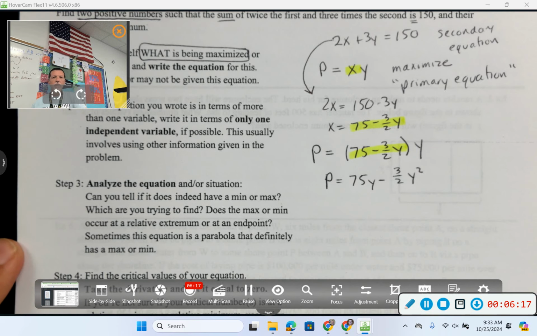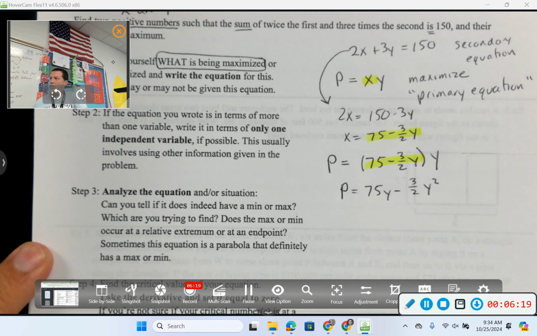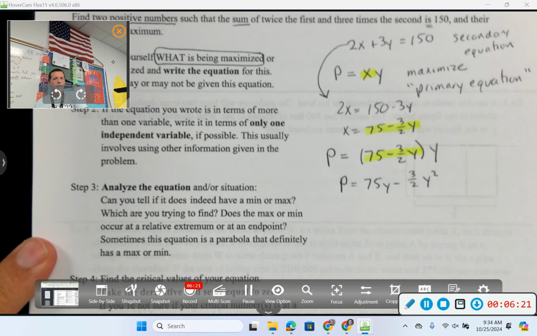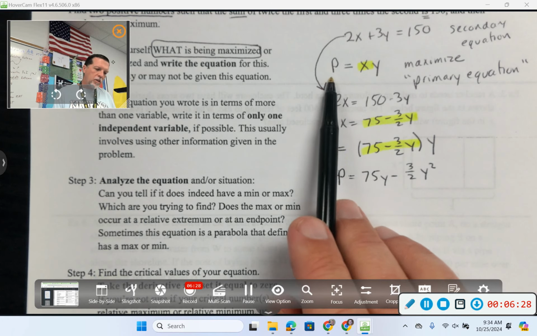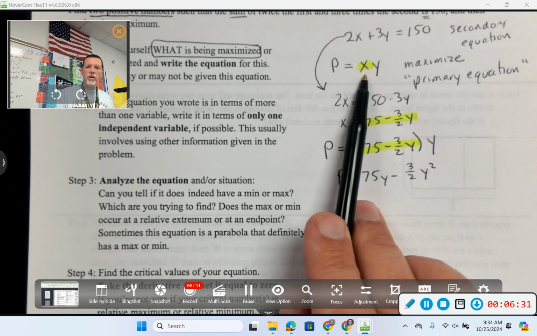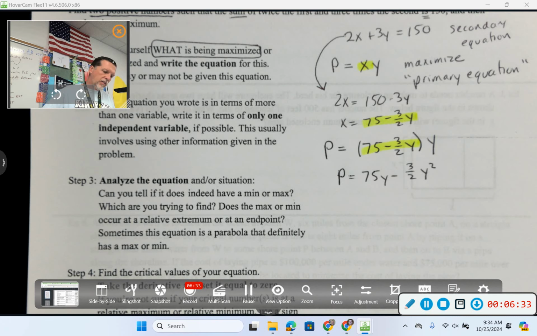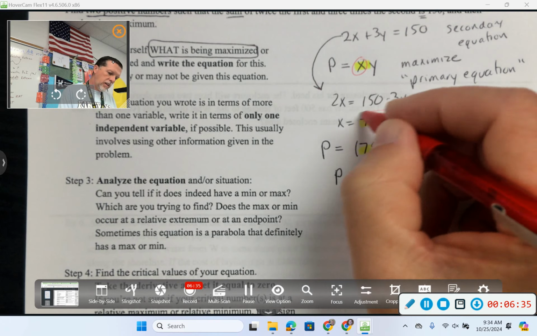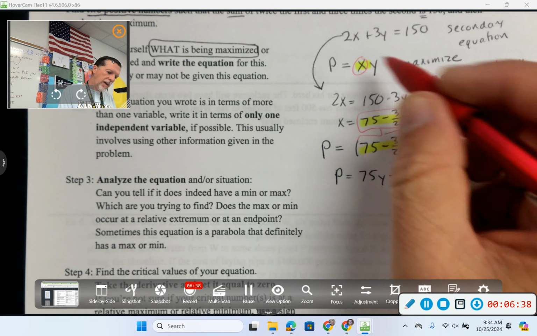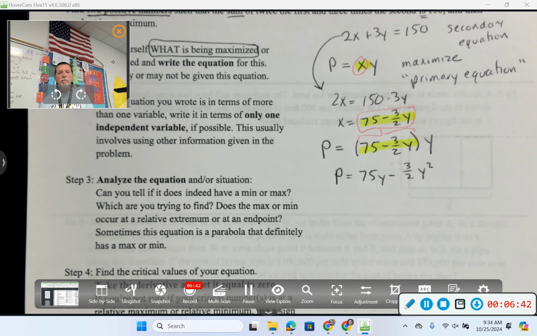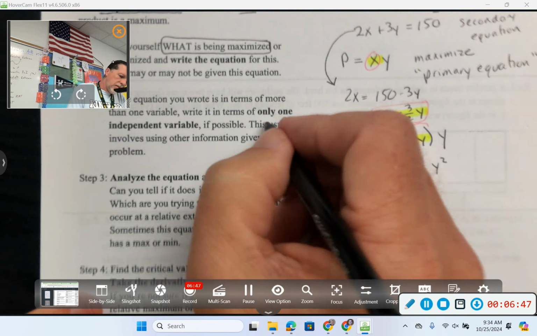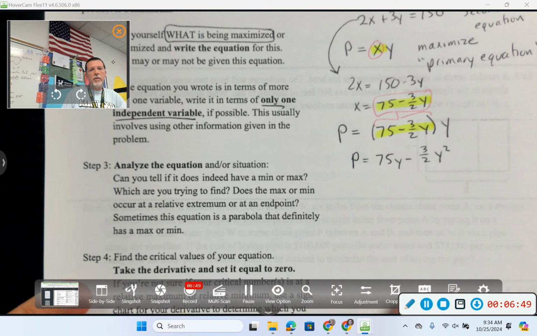All right, so that's step 2. Get an equation of one variable. So I took my primary equation up here, I replaced x with all of this, and that y was still there, and then I distributed the y. So one independent variable, one variable.